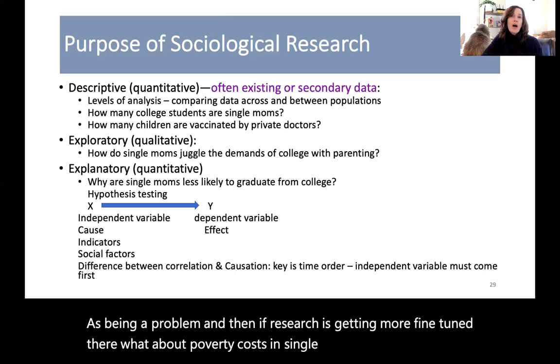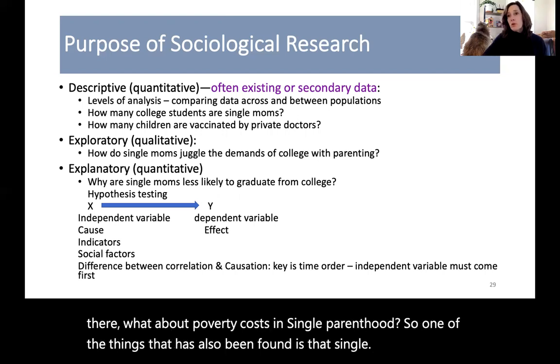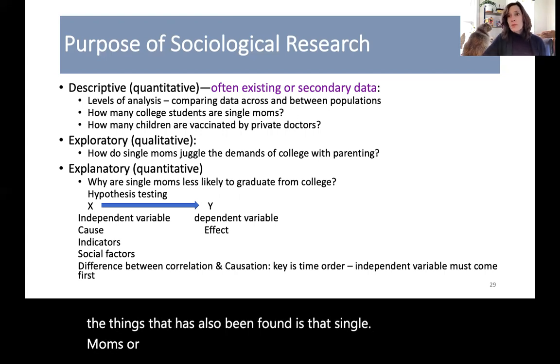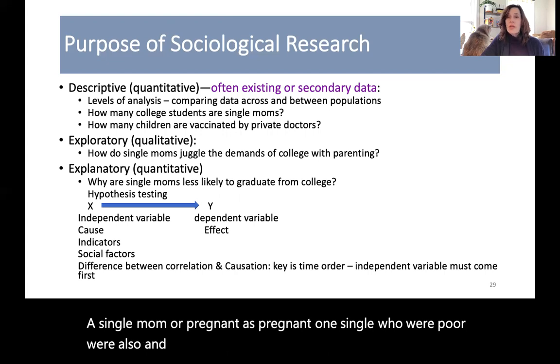So one of the things that has also been found is that single moms or poor moms, women who became pregnant when single, who were poor, and as teens, excuse me, were also more likely to have not completed high school.